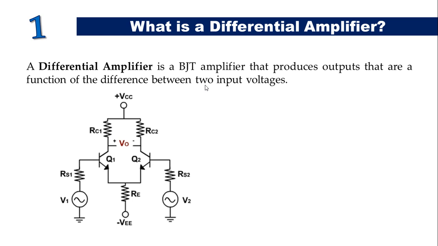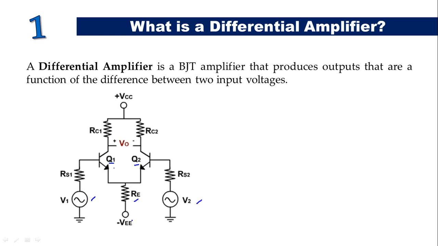So, meron tayong circuit dito which is the basic configuration ng mga differential amplifier, right? So in this case, meron tayong dalawang transistor, Q1, Q2, and then we also have dalawang input signal, right?